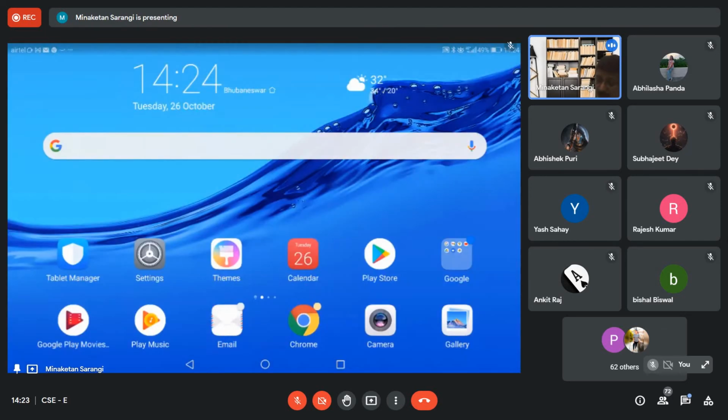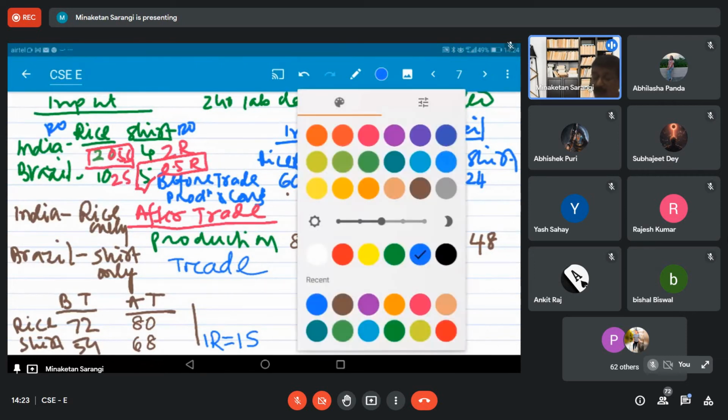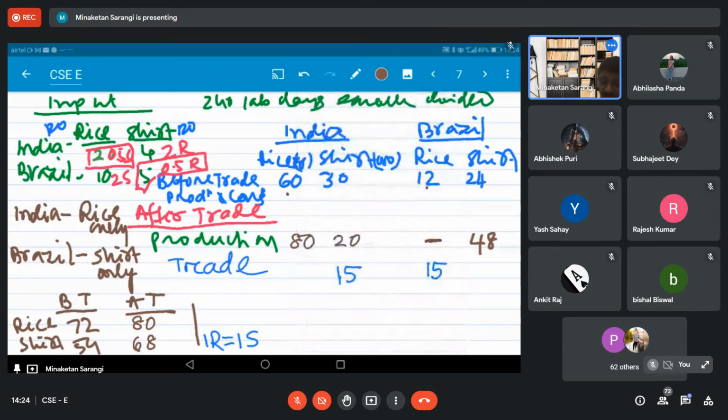Now we'll come to discuss what is the consumption between two countries. After production, we'll come to consumption. Consumption will be India is purchasing 15 sacks and in return giving 15 kg of rice.